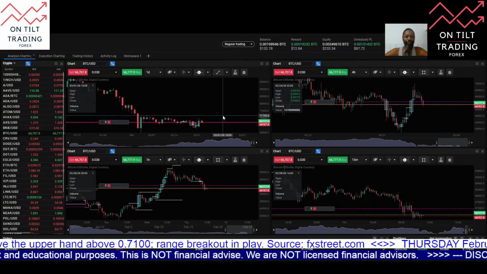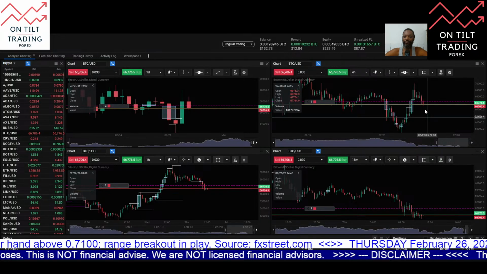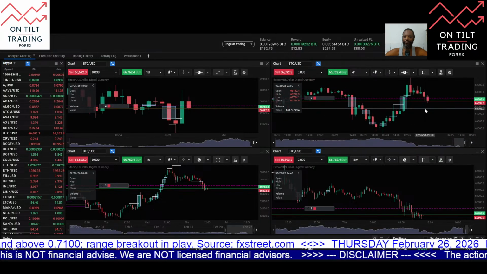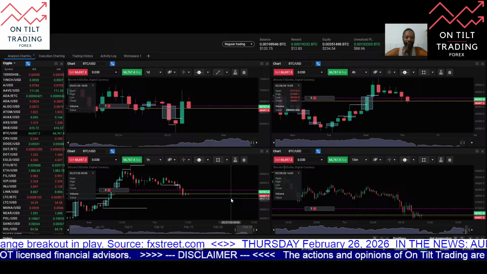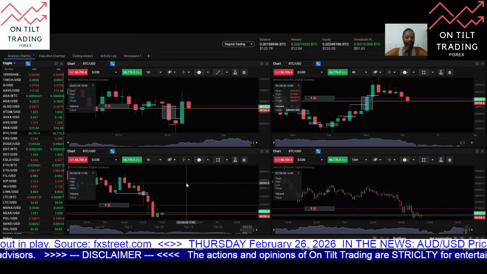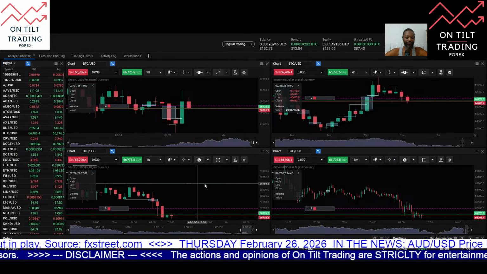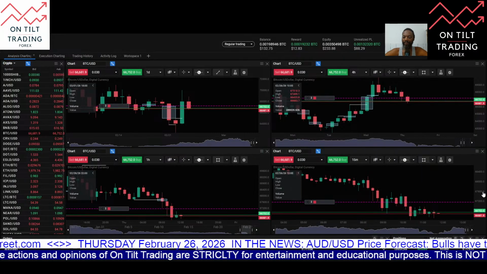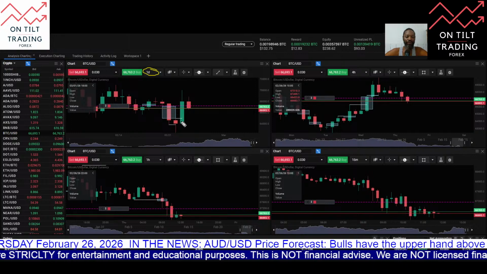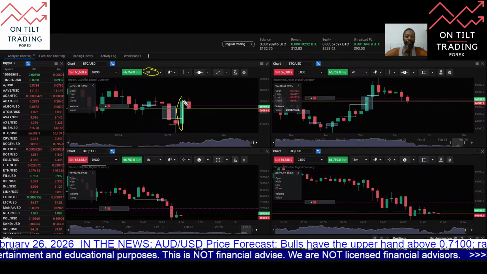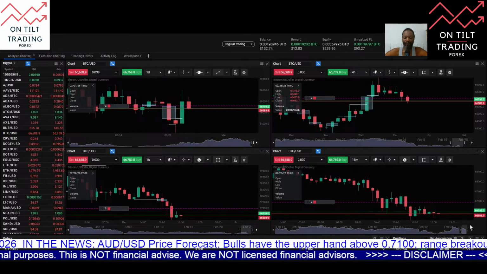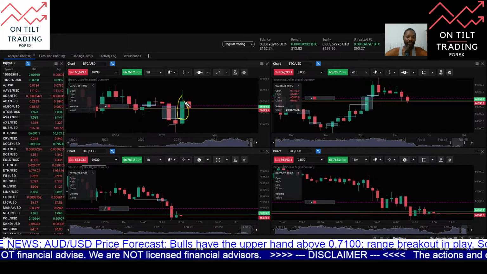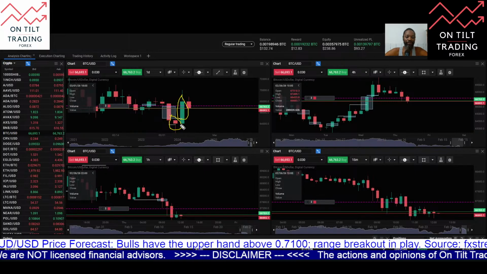Next up, we have Bitcoin. Very similar here on the daily, with the opposing range liquidity being swept. This is yesterday's candle. This is the day before yesterday's candle.